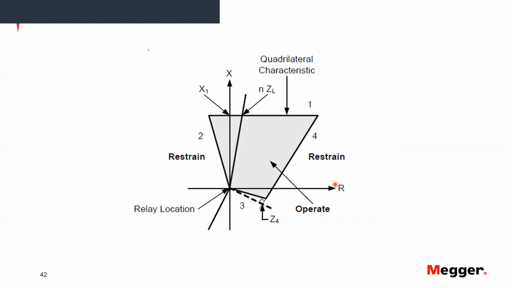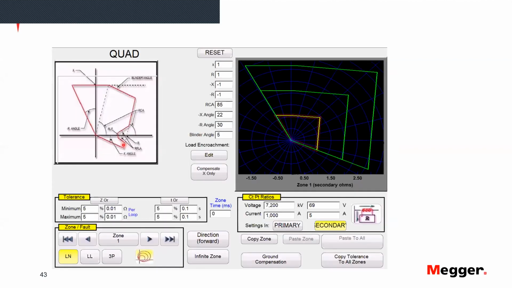There are applications where the quad is better and where the mho is better. The mho is built with circles, and the quad is built with 4 or more straight lines. It's called quadrilateral because it has 4 sides, but you will see later that some quadrilaterals, like this one here, actually have more than 4 sides because they include blinders and whatnot.